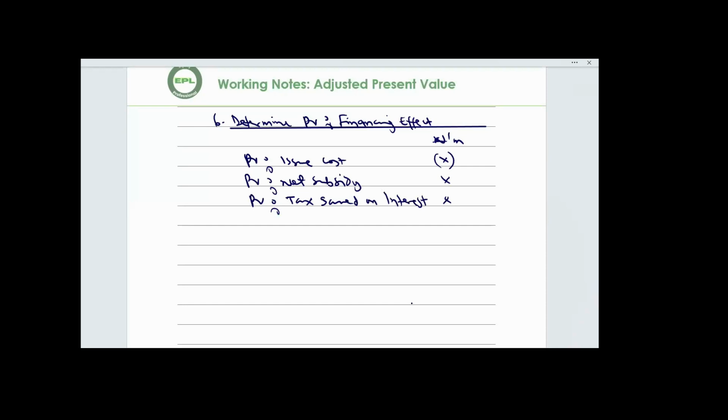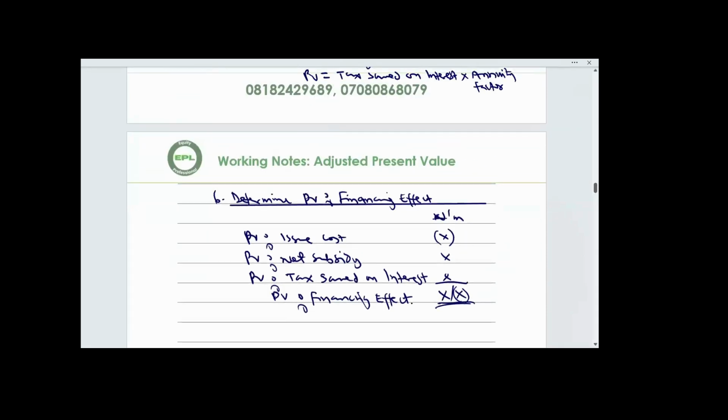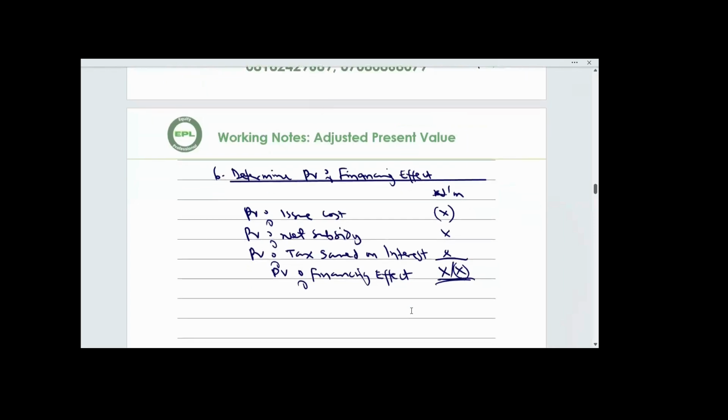At the end of the day, you can have either positive or negative from financing. So this is the PV arising from financing effects, cash flows. This is how to calculate PV of financing effects.